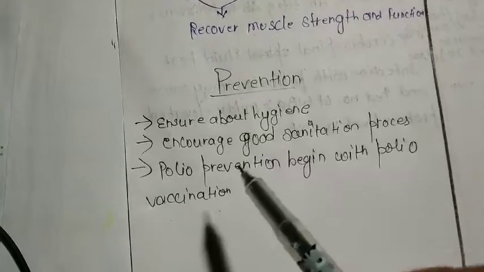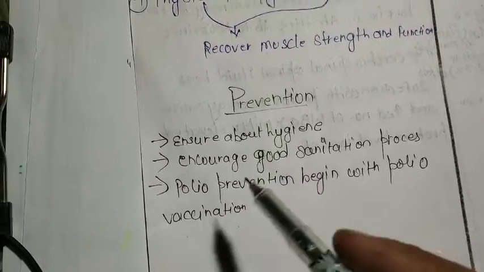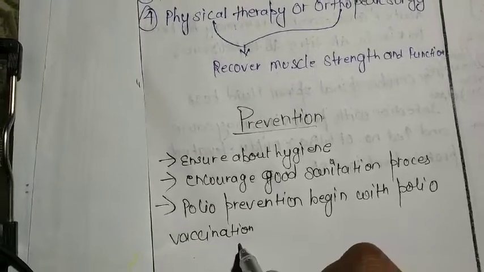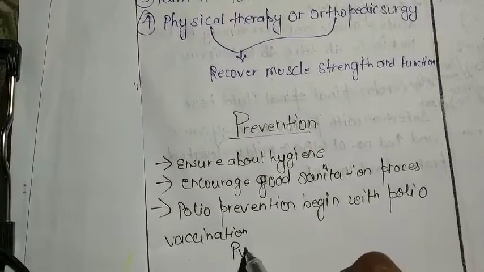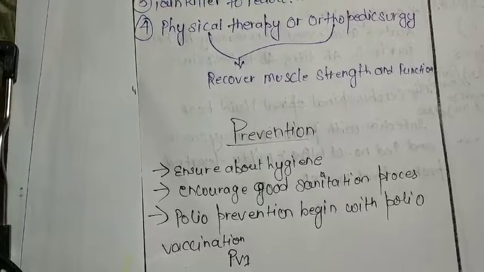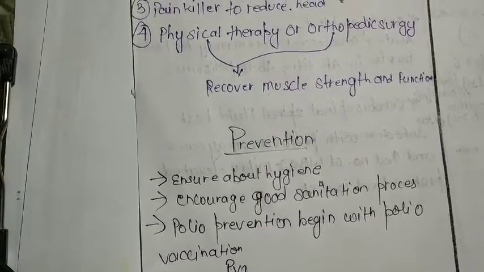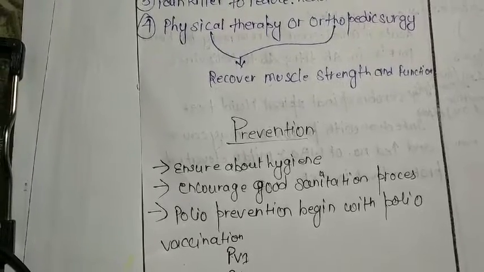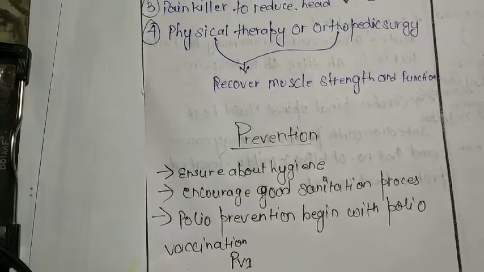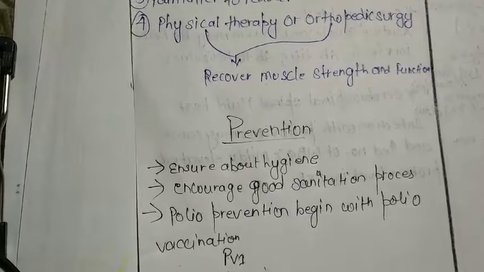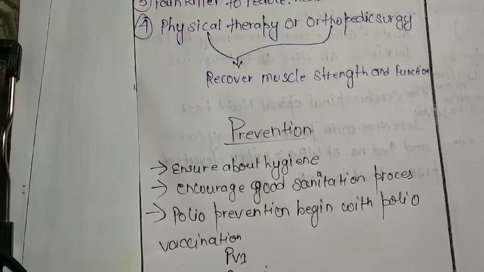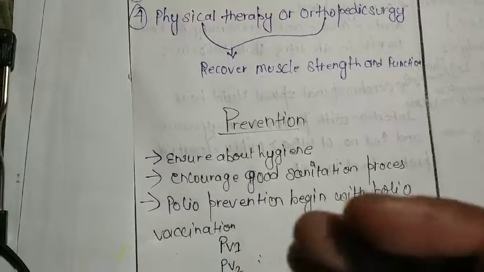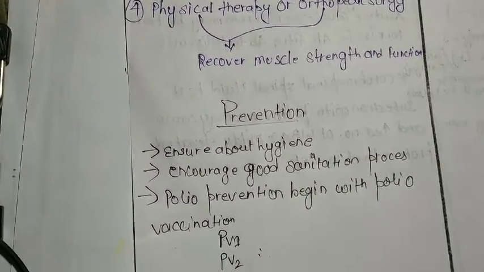Actually, the polio vaccine has been developed against all three subtypes. As I said before in the intro part, there are three subtypes: PV1, PV2 and PV3. The polio vaccines are already developed for these three subtypes, and are very effective in producing protective antibodies that induce immunity against the polio virus and provide protection from paralytic polio.